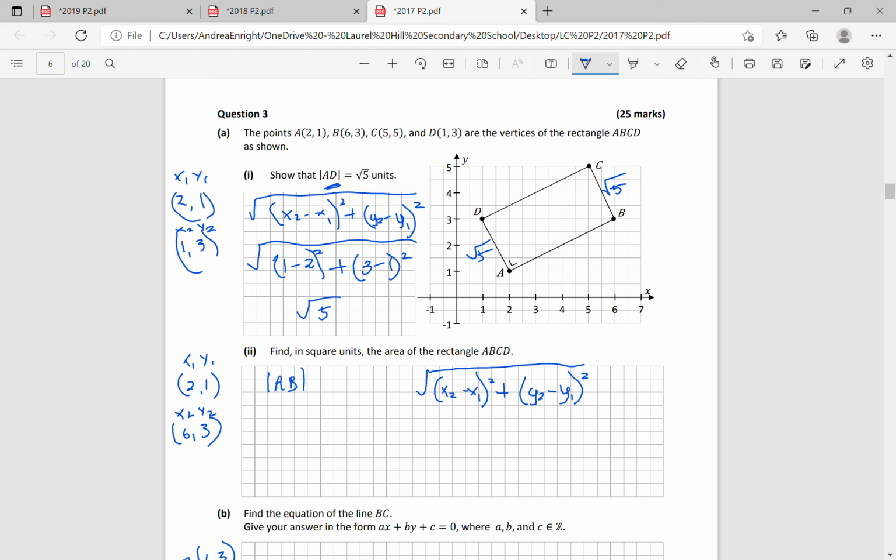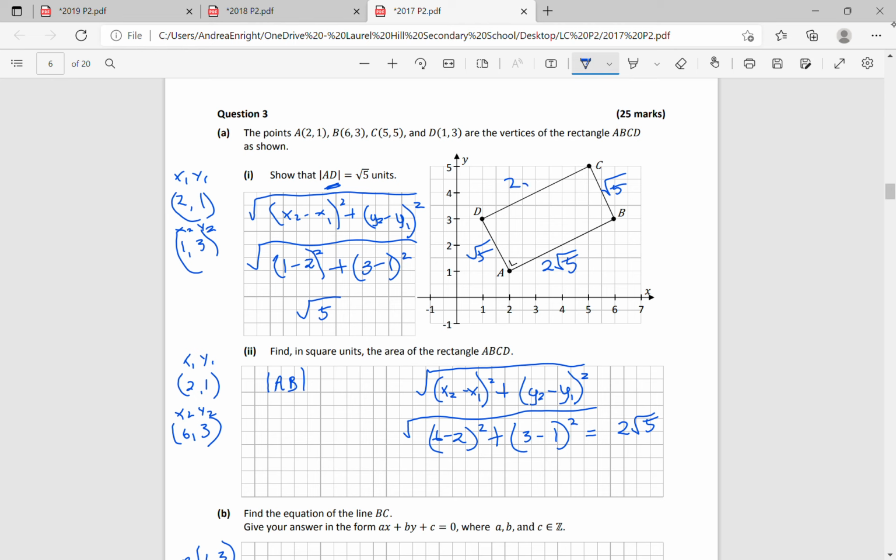So it's the square root of x2 is 6 minus x1, 2 to be squared, plus y2 is 3 minus 1 to be squared. Into the calculator with that, and you get the square root of 20, which in the calculator would give you 2 root 5. You can leave it as either or.